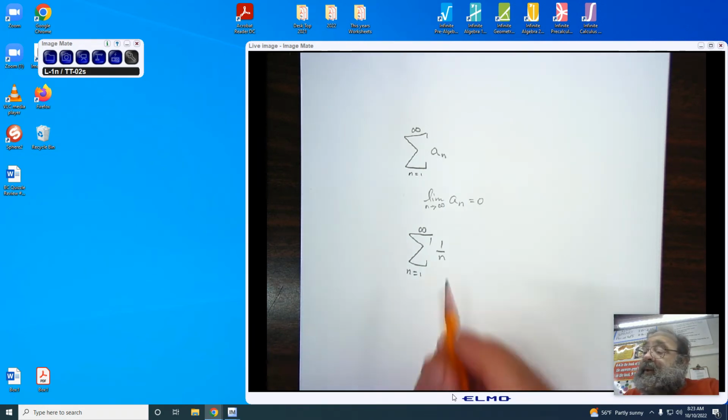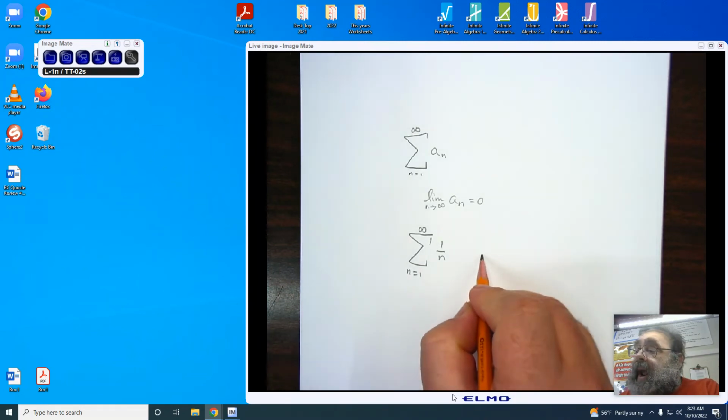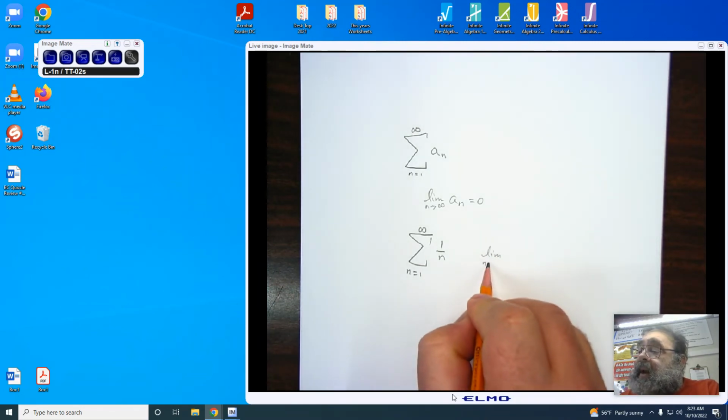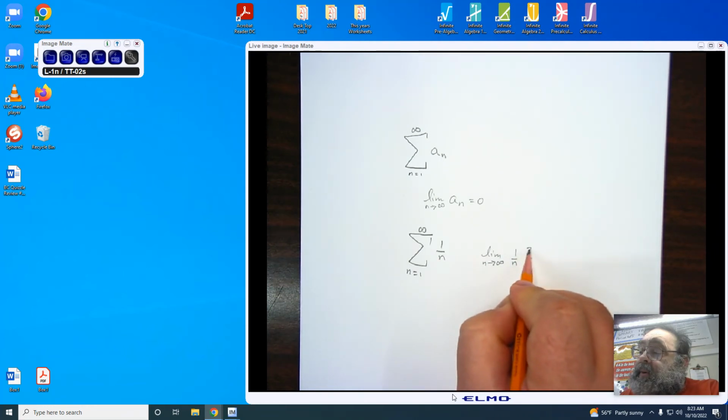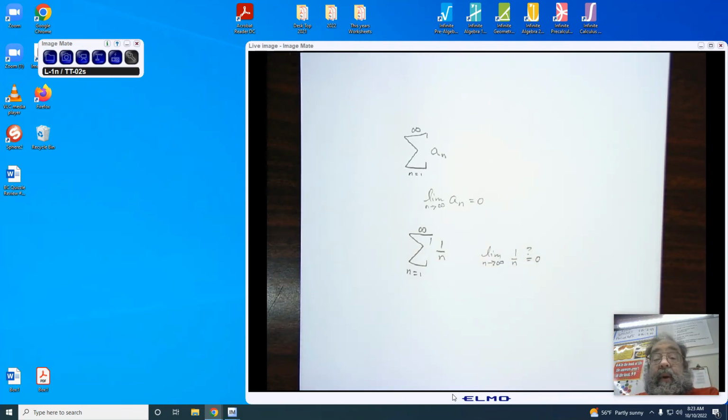So if I look at this, you'll notice I'm going to start off and ask, is the limit as n approaches infinity for 1 over n equal to 0? And it's a yes or it's a no. We can use L'Hopital's rule, we can use whatever facilitates this action.